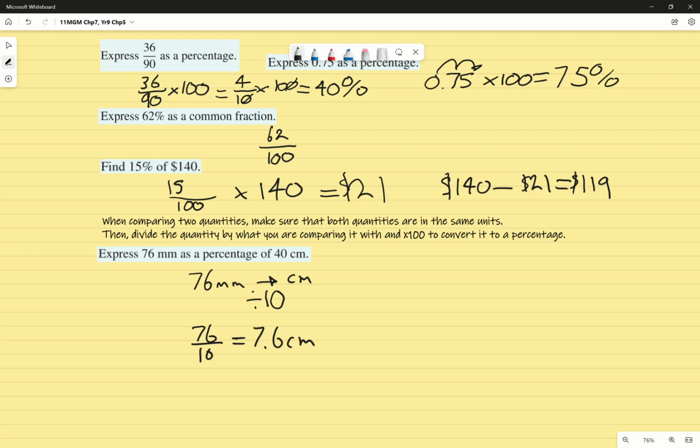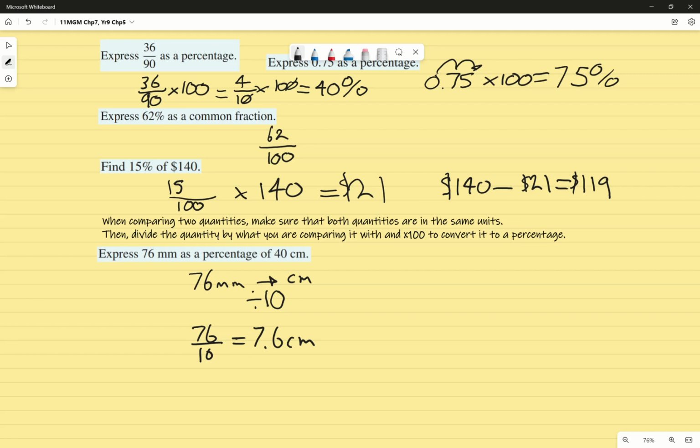It's a little bit different from what we've been doing, and this one's going to be a little bit extended. So 7.6 represents what percentage of 40 centimeters, which is our whole, right?